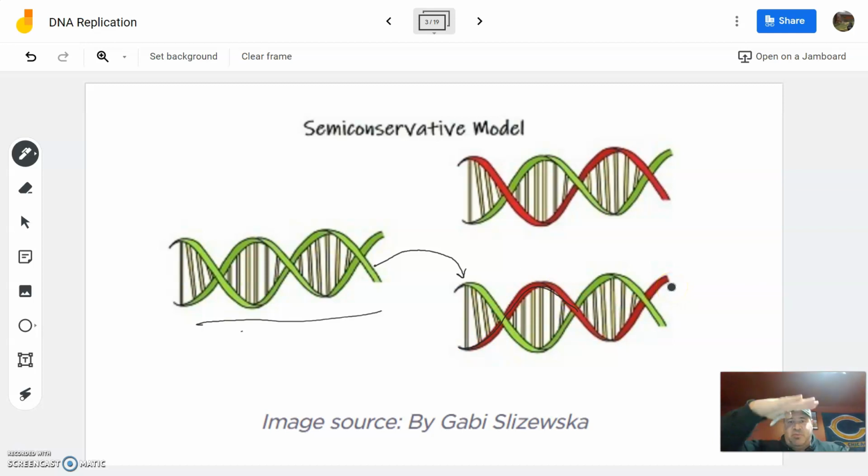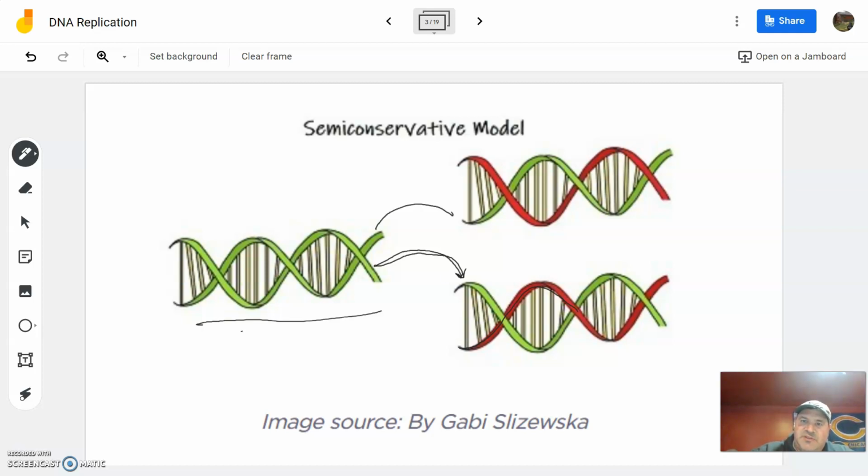And remember, if we break it apart and we had a specific sequence of letters, T-A-A-T, that if it paired up originally, well, T would pair with A, and A would pair with T, and A would pair with T, and T would pair with A. If you pull it apart and then let new stuff build in, because it's going to follow the same pairing rules, it's going to give you the same thing. So ultimately, one side of the DNA ladder is used as a template.